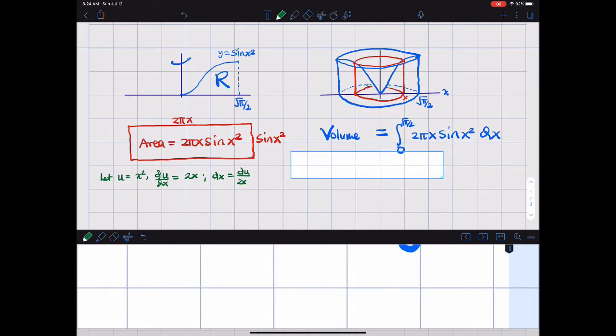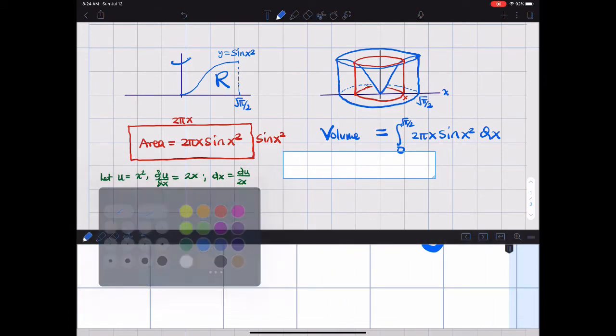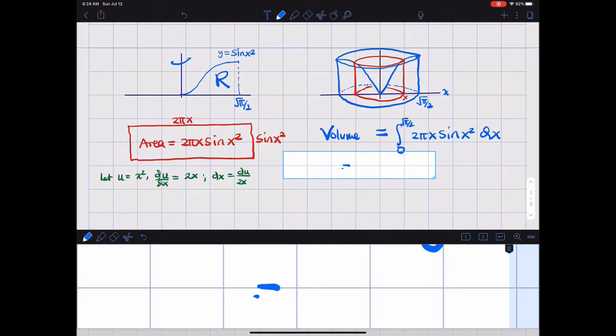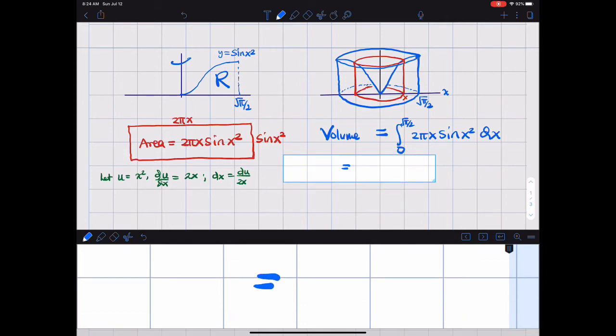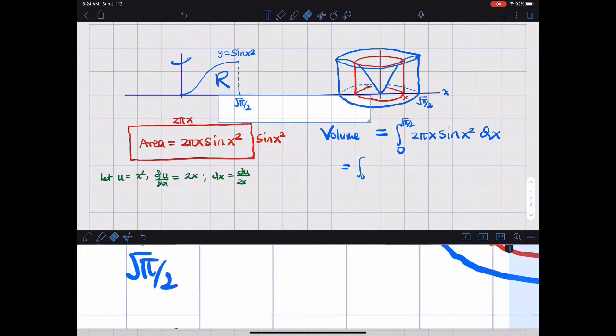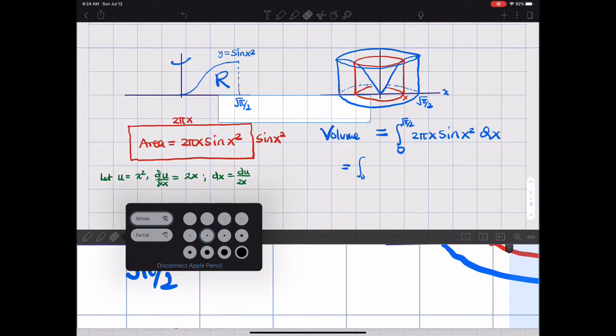All right, so if you do that, this now becomes the integral from 0 to pi over 2. Well, if you let u be x squared, then instead of square root of pi over 2, sorry, I need to make something a little clearer.